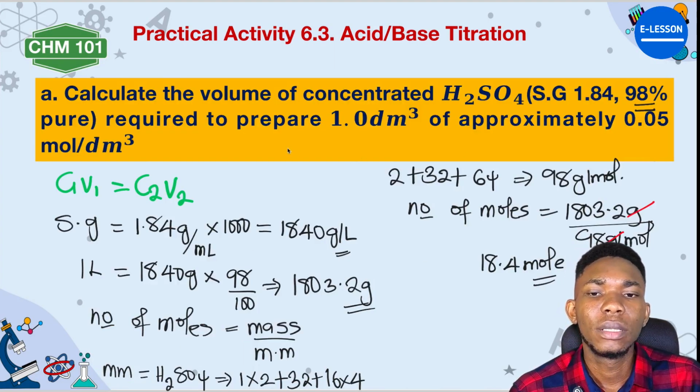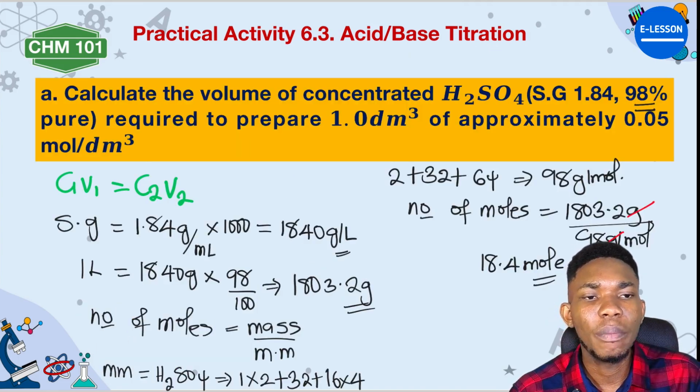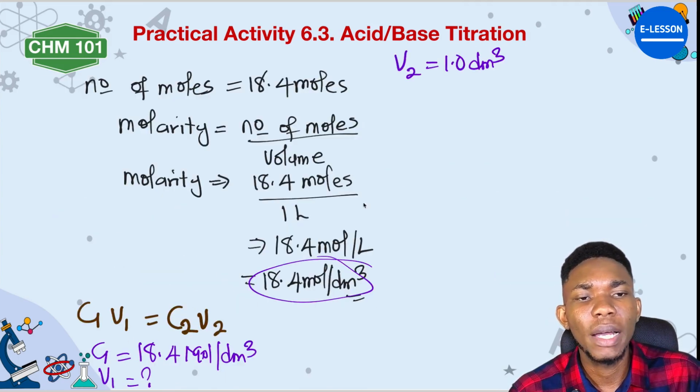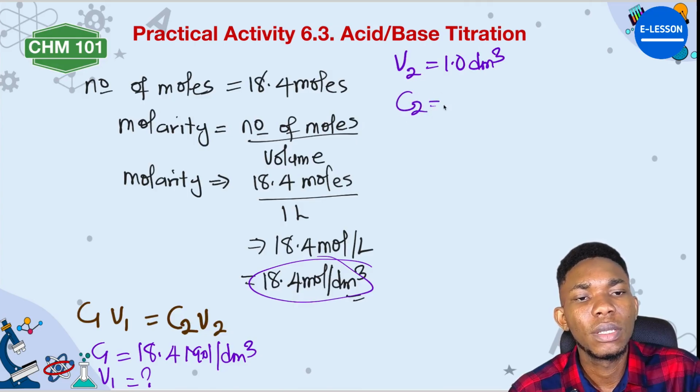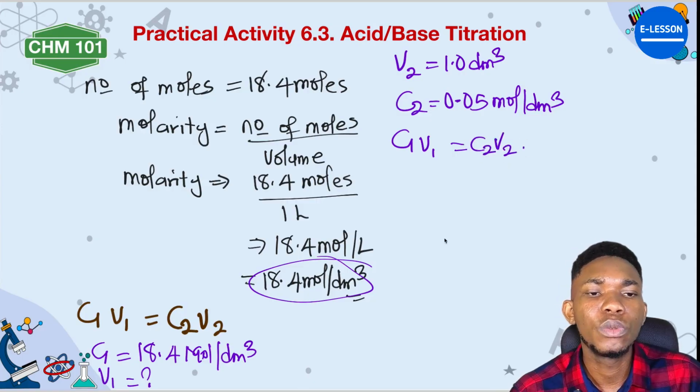We are required to prepare 1.0 dm cube, so V2 is 1.0 dm cube, of approximately 0.05 mol per dm cube, C2, 0.05 mol per dm cube, my dear student. So we can say C1 V1 is C2 V2.